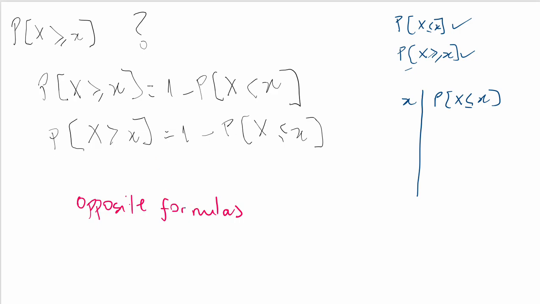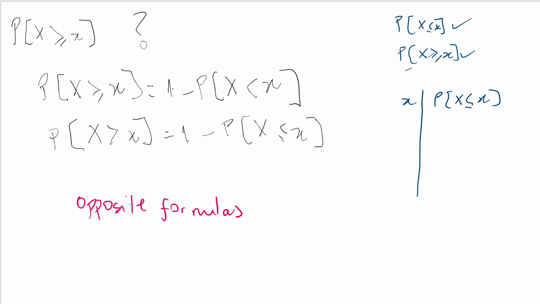They're formulas of probability. So when I ask you what's the probability of X being greater than something, you should use 1 minus the probability of being less than something. And then you just can look up in the table. So you are transforming your problem of greater than, which you don't have in the table.